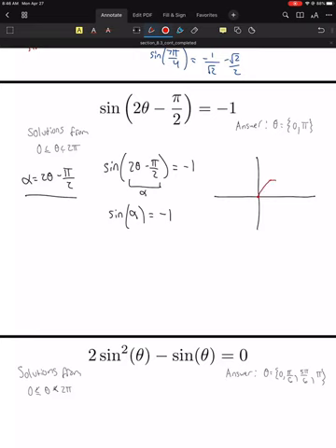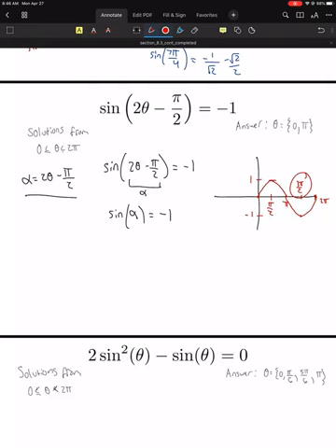It peaks at pi over 2, with a y value of 1. And then it comes down, it hits 0 at pi. And then it hits -1 at 3 pi over 2. And then back up to 0 at 2 pi.